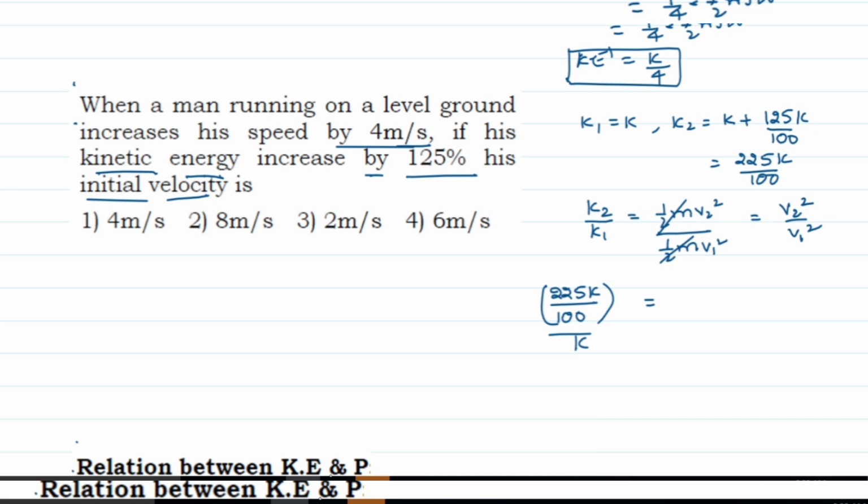On the level ground, suppose initially the speed is v, so let us take it as v square.